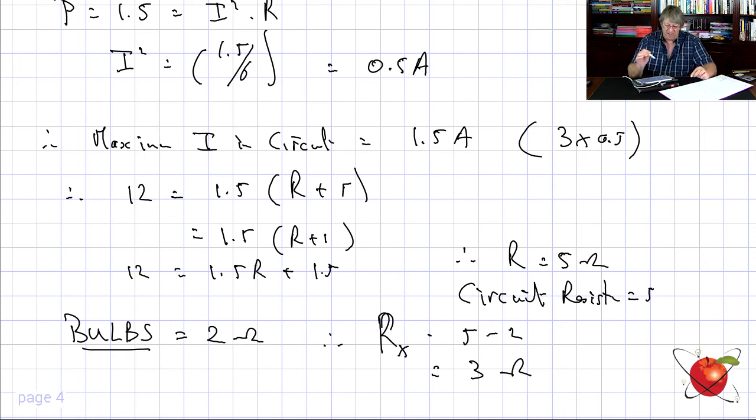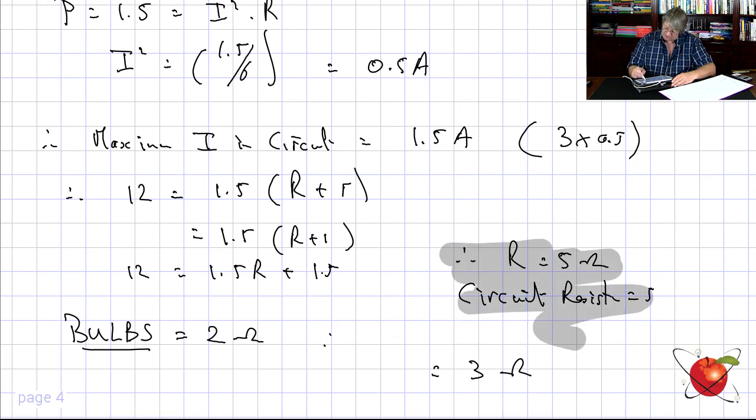We need to have a total circuit resistance of, let me just check myself, 12 minus 1.5, divided by 1.5. It's going to be equal to 7. Sorry, my error. Sorry, guys. That's still correct. No, that's fine.